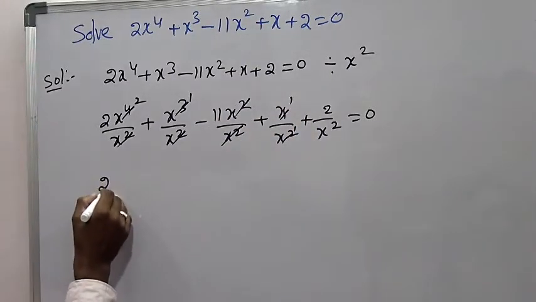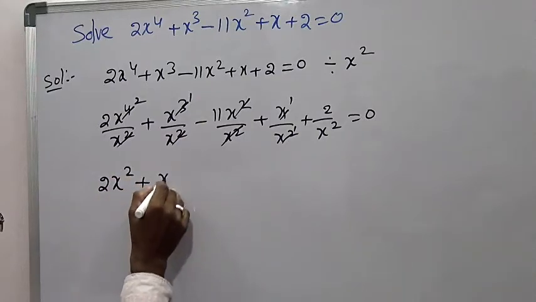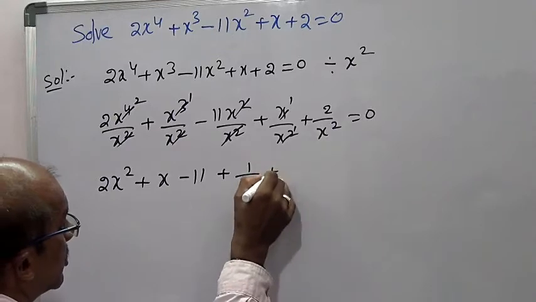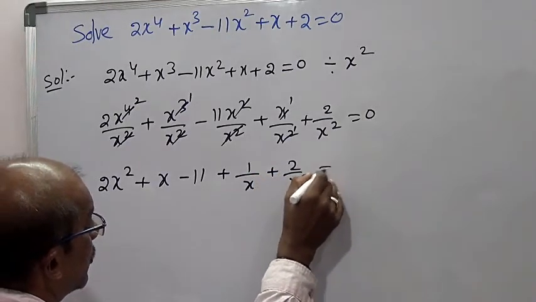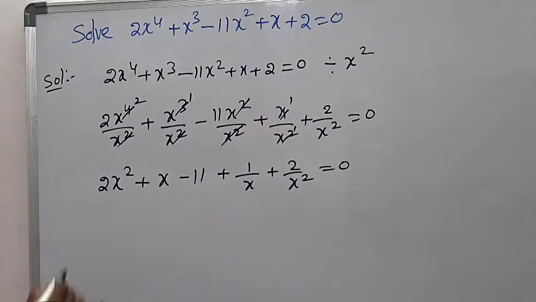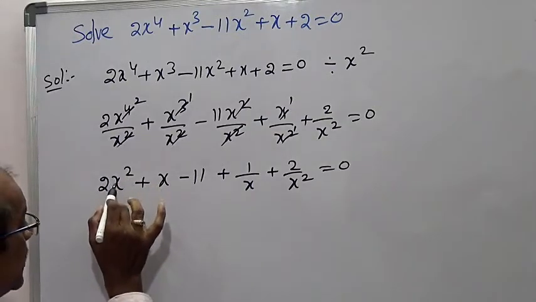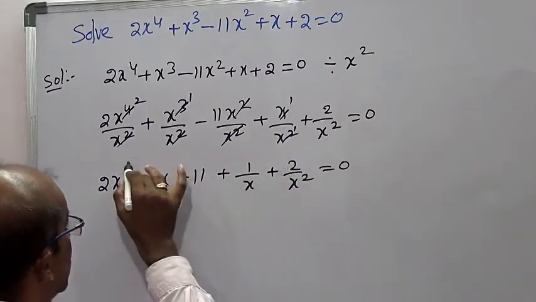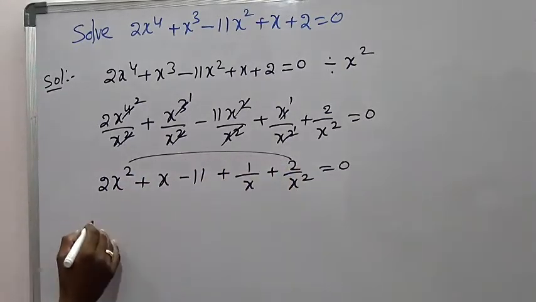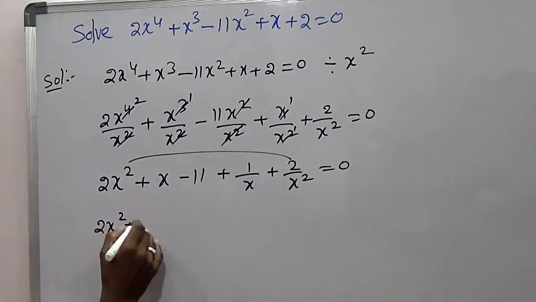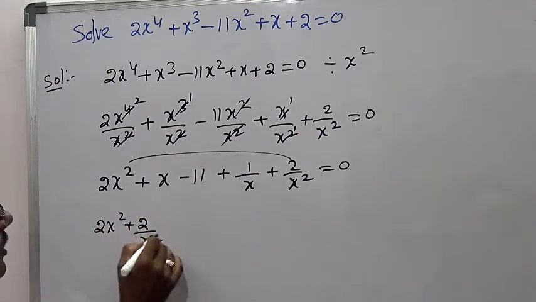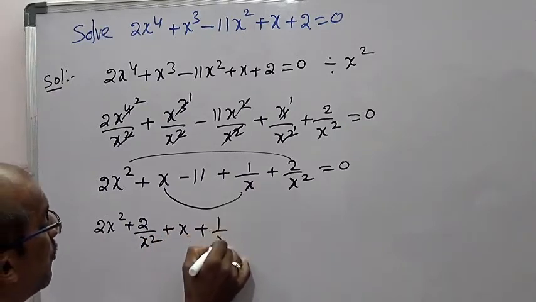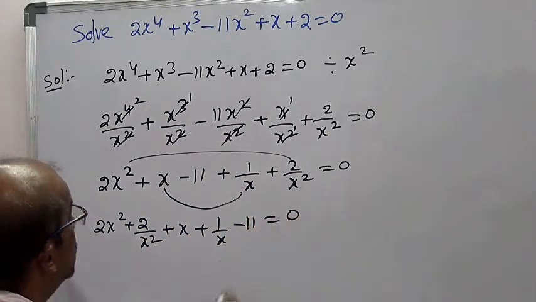So the remaining is 2x square plus x minus 11 plus 1 by x plus 2 by x square is equal to 0. Now write the coefficients of x square and the reciprocal of x square in one place: 2x square plus 2 by x square, and the x terms in one place: x plus 1 by x minus 11 equal to 0.